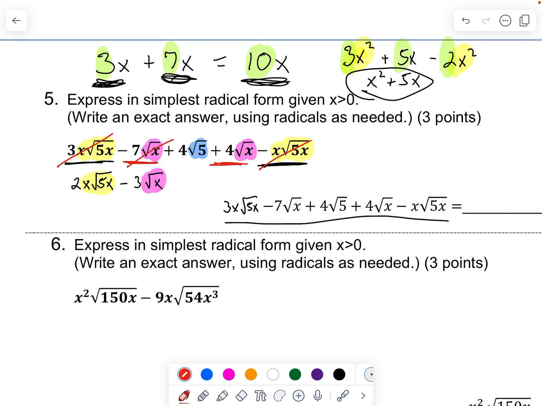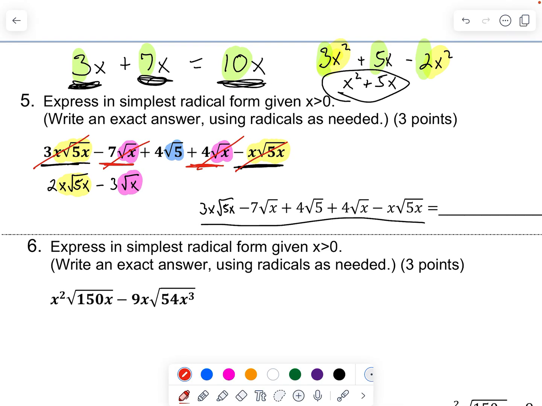Okay, so I got those taken care of. The only thing I have left, I cannot combine. I've got plus 4 square roots of 5. There, I've combined all of the like terms that I can combine here.